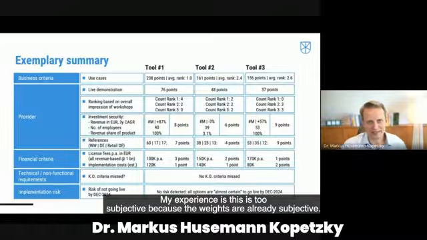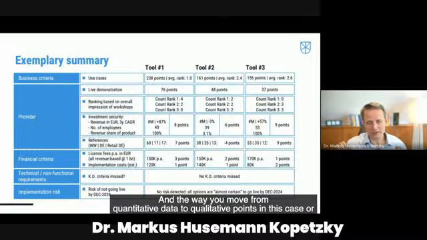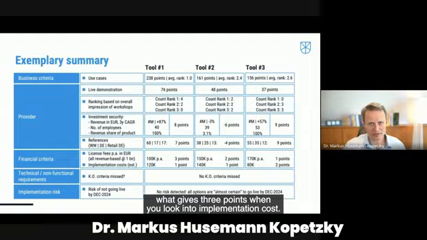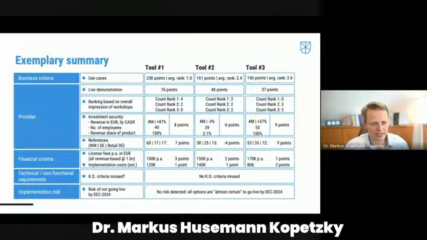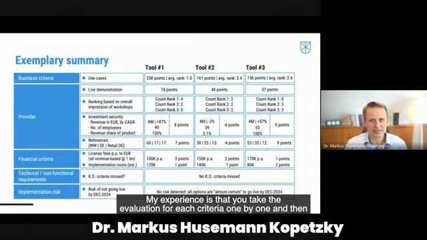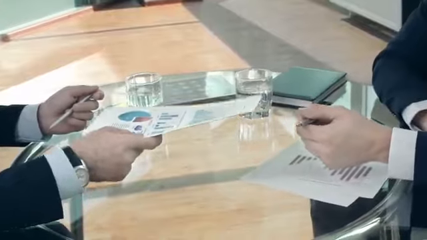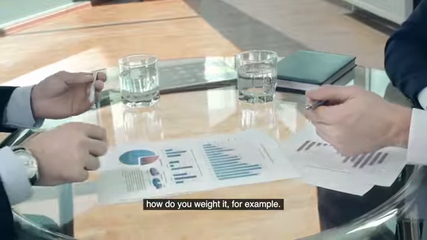My experience is this is too subjective, because the weights are already subjective, and the way you move from quantitative data to points is subjective: how you define what gives 3 points when you look into implementation cost. My experience is that you take the evaluation for each criterion one by one, and then you discuss in a steering committee, or actually before that, how you weight it, for example.